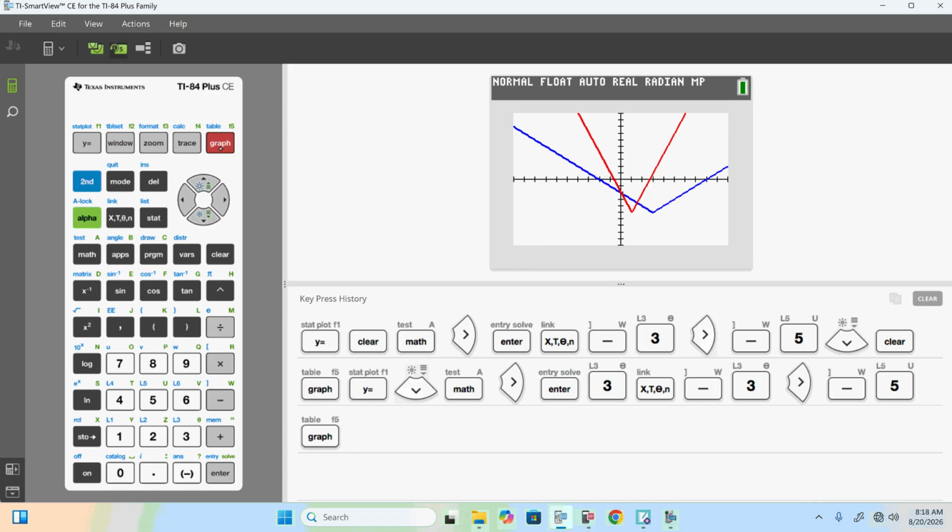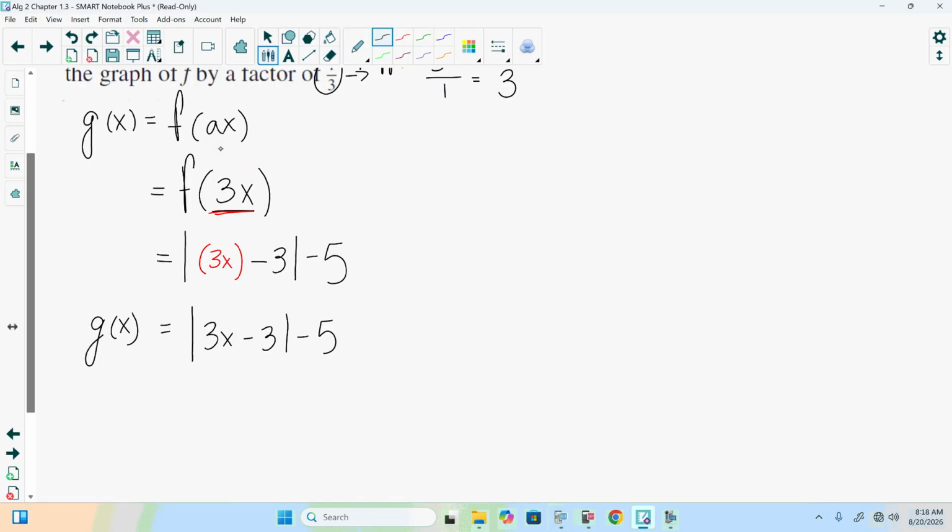Horizontal stretch and shrink does weird things with this. Questions on how we got this? Would we agree the big thing is just making sure to remember to flip it? Otherwise, it works the exact same as everything we've done.